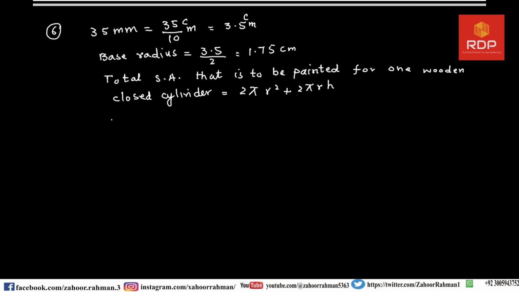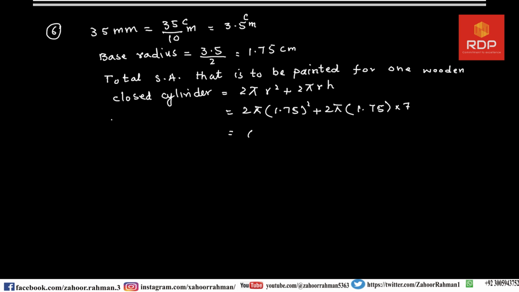So let's get started. I am putting the values 2 into pi into r, and r is 1.75 whole square plus 2 into pi into 1.75 into h, and h is given as 7.